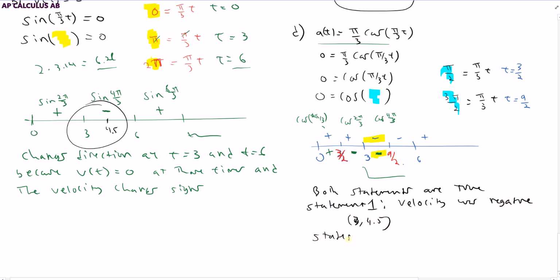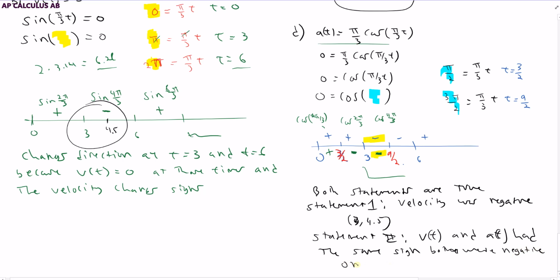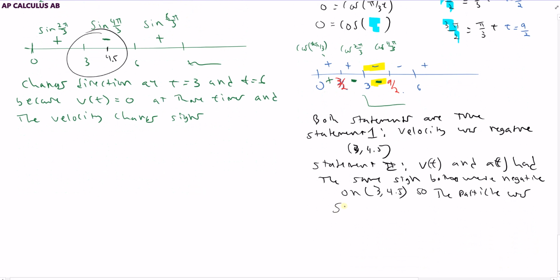And statement 2, we can show that v of t and a of t had the same sign. Both were negative on the interval 3 to 4.5. So the particle was speeding up because they had the same sign.